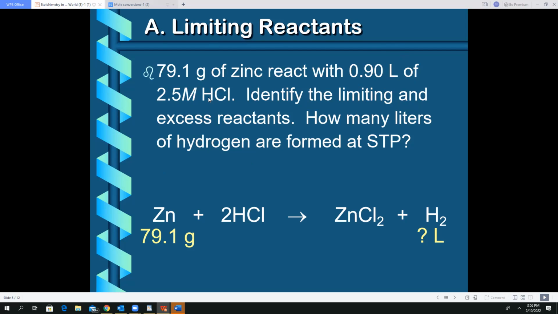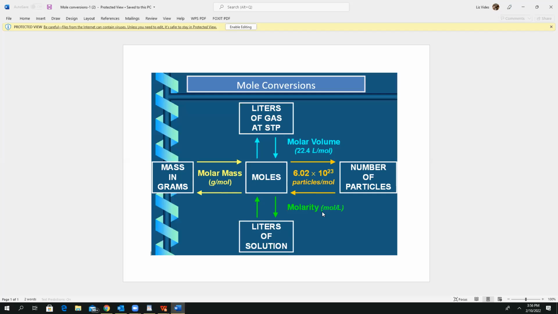So molarity, and that's on this little diagram that we were looking at. See, molarity is moles per liter, and the molar volume of any gas at standard temperature and pressure, and we're assuming, is 22.4 liters per mole. You see that? Okay.